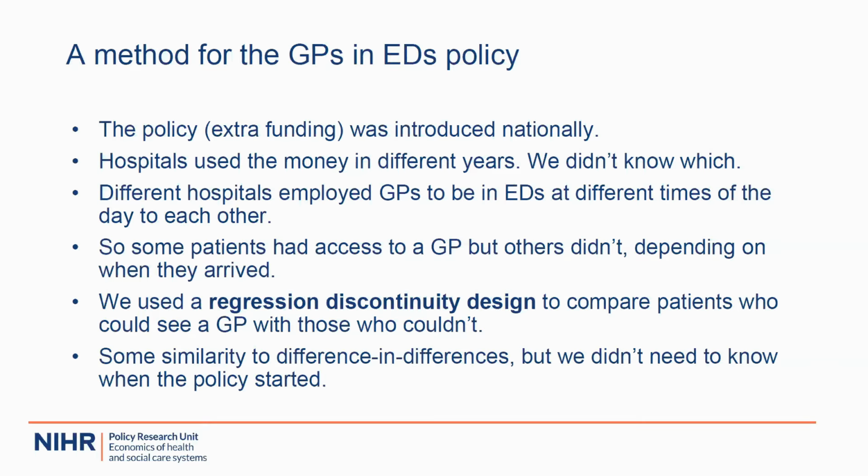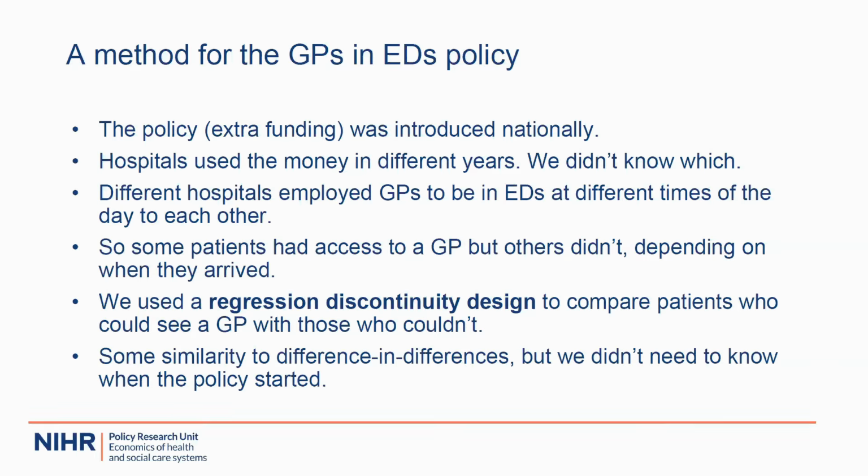And what we did is something which is in some ways similar. It's still using an idea of there are some people impacted and there are some people not impacted, and these two groups are quite similar to each other, except for the policy. But instead of using a treatment group and control group in that way, we constructed that treatment and control group by using the time of day.